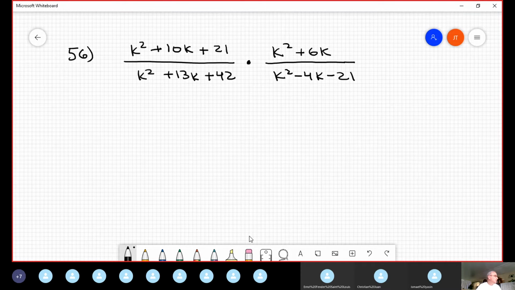And what is the question? The question is multiplication. Of course, express the final answer in lowest terms. So what should I do?